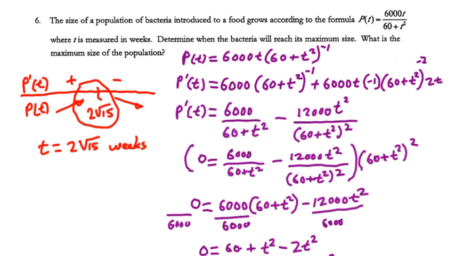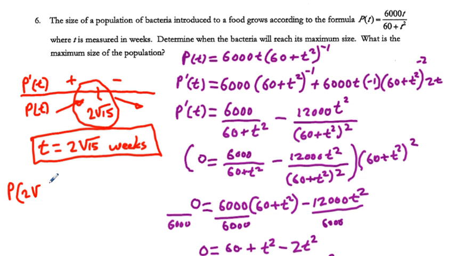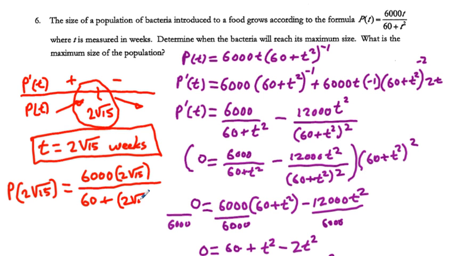And then finally it asks, what is the maximum size of the population? I'm going to leave a box in this answer since I do not have the calculator handy. Our maximum is going to be P of 2 square root of 15, which is equal to 6,000 times 2 square root of 15 over 60 plus quantity 2 square root of 15, squared.